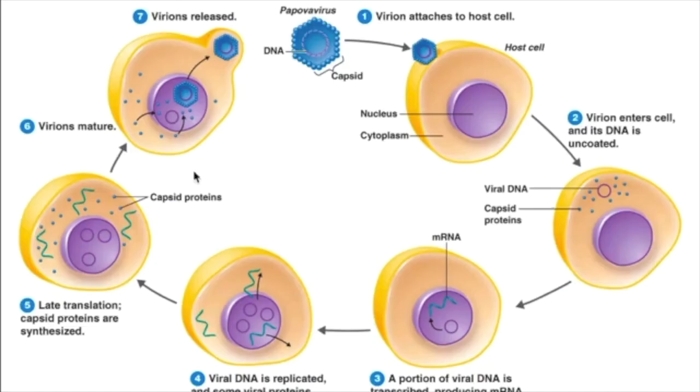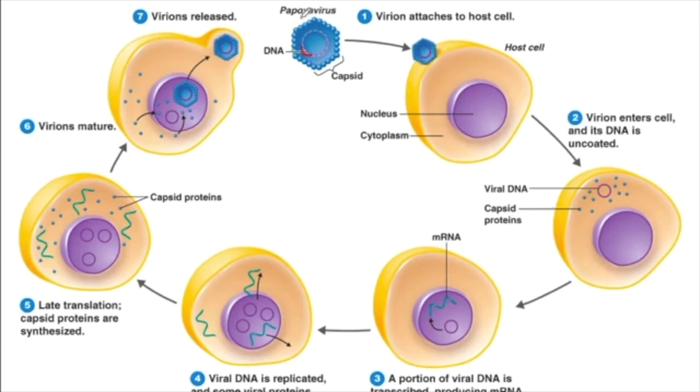For multiplication of DNA to occur, these are the steps that have to happen. So using papovavirus as an example, you have the DNA. It's surrounded by its capsid. Once it attaches to a host, the genetic material and the capsid will be able to enter the cell.